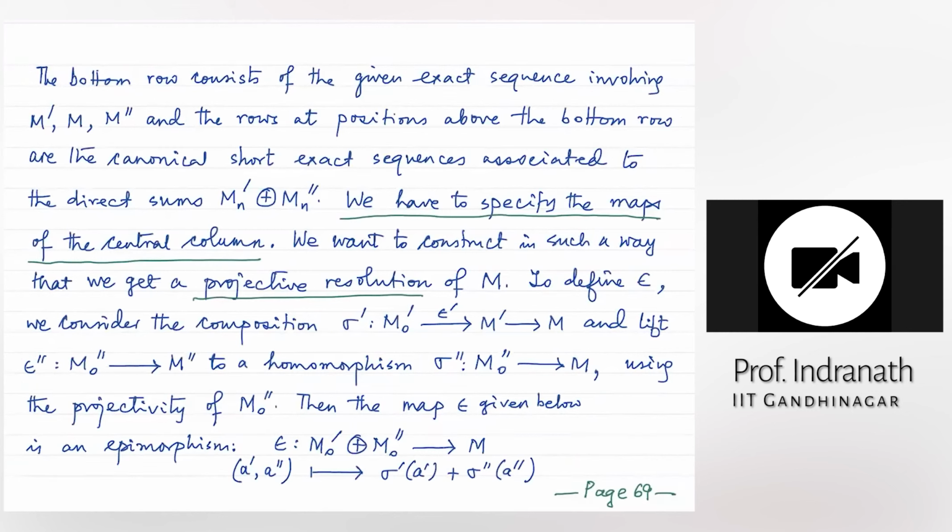Yeah. So lift this to a homomorphism, using the projectivity. This is another way of saying it. You definitely have a map like this, which is going to sigma dash. I'm just using this sigma double dash because eventually it will be of some use.